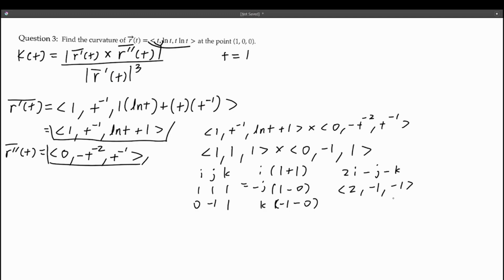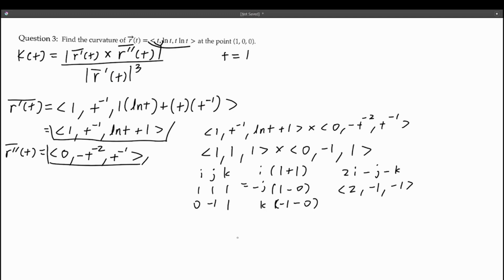We still have to find the magnitude of it for the curvature of t, so don't think that we're even halfway done yet. The other part, we have to find the magnitude of the first derivative of t cubed. So let's go ahead and write all this out because we already have all the numbers that we need.